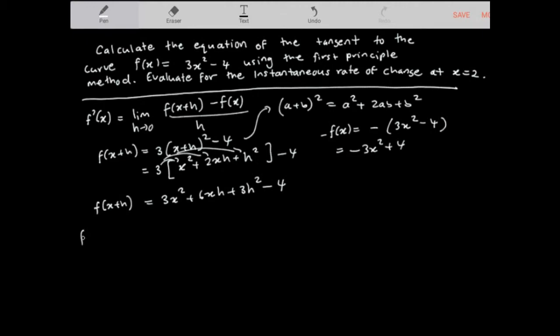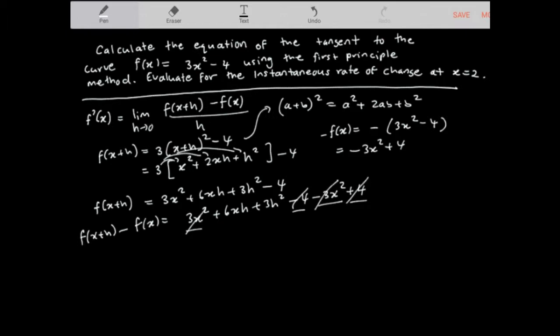I'm going to combine my f of x plus h term with my negative f of x term. So that looks like 3x squared plus 6xh plus 3h squared minus 4 minus 3x squared plus 4. You can notice that the like terms are equal but opposite in sign, so they cancel out, and the numerator is just left with 6xh plus 3h squared.